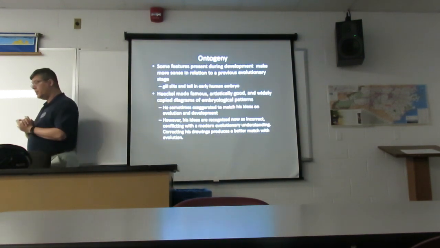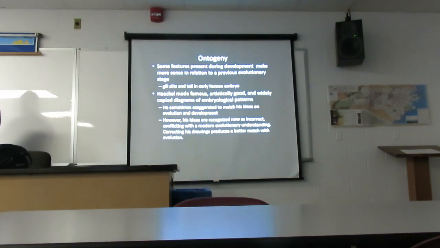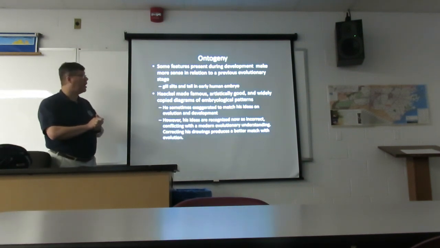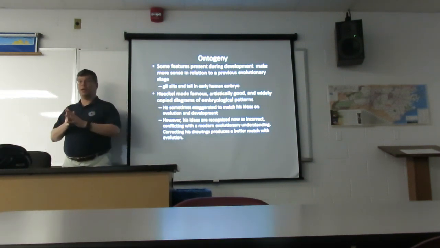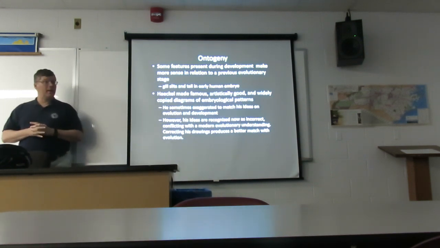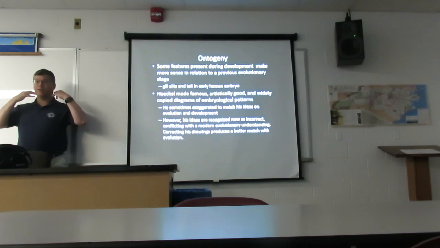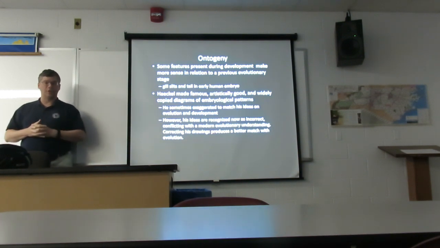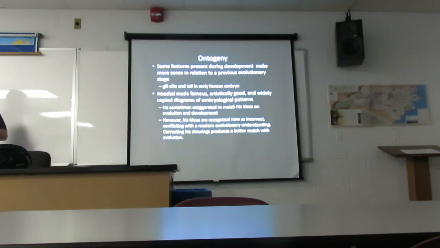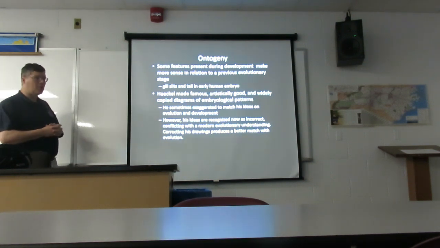Sometimes there are things that appear earlier in development that aren't particularly useful anymore to that organism, but would have functioned in the ancestor. For example, the human embryo, rather early in development, has a tail and has gill slits in the neck region. Tails aren't particularly useful to us as adults.